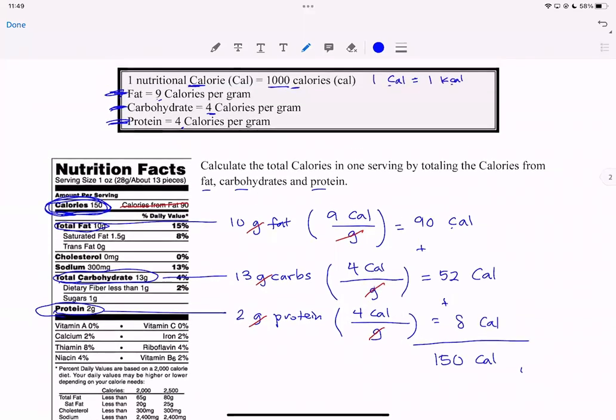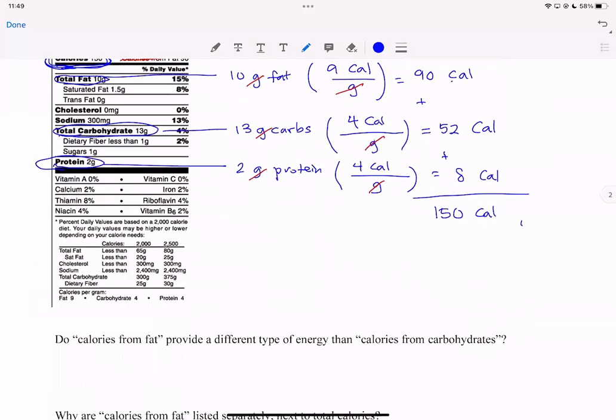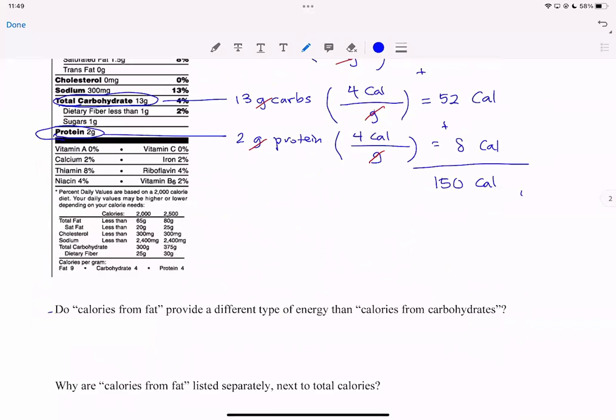Okay, so answering this question down here: do calories from fat provide a different type of energy than the calories from carbohydrates? And the answer is no. So calories are all the same. They're just units of energy.